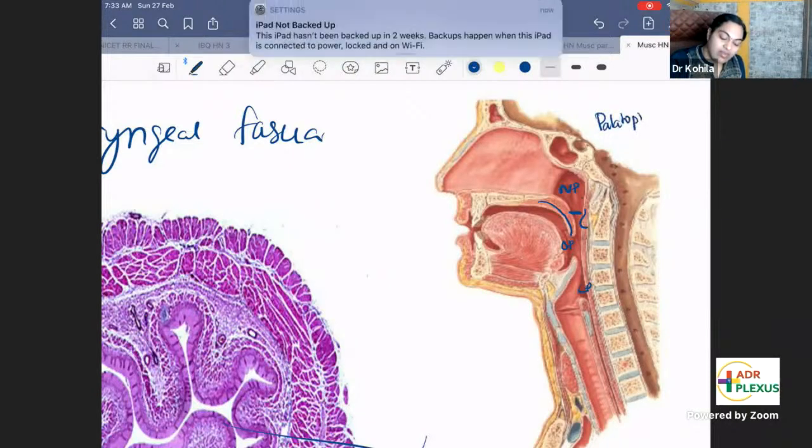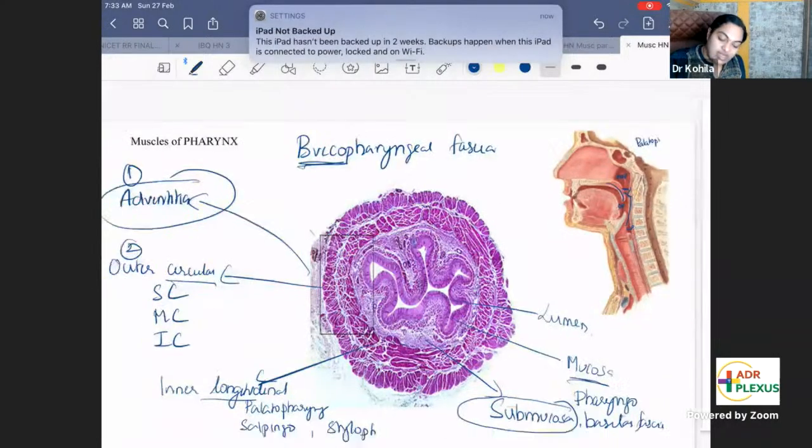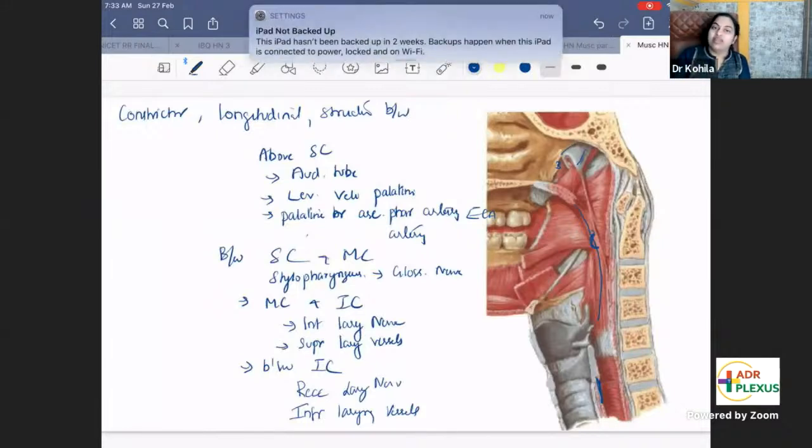From the palate, fibers going downwards, forming a loop behind and then going downwards. In the picture, you can appreciate it. These palatopharyngeus fibers in the posterior wall form the Passavant's ridge. It is named after a German surgeon.